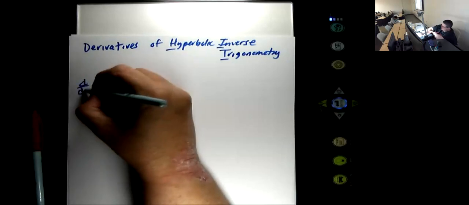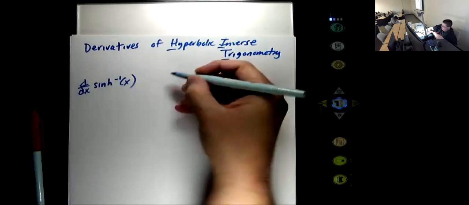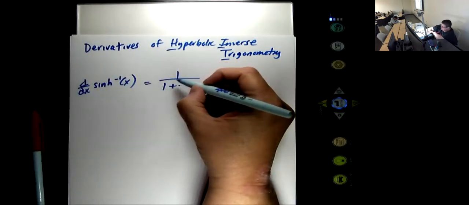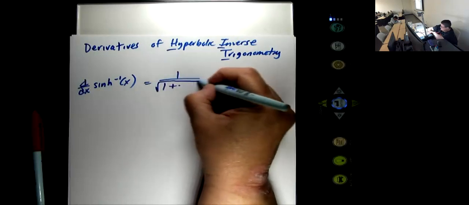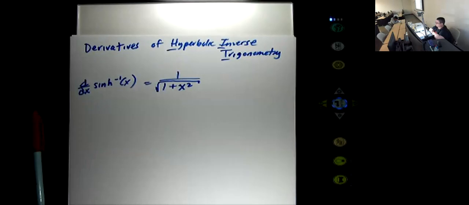d/dx of hyperbolic sine inverse is 1 over the square root of 1 plus x squared. I might make a bonus question related to this on the test.